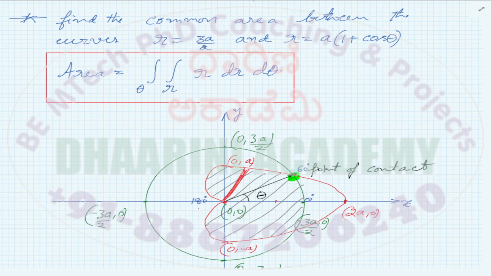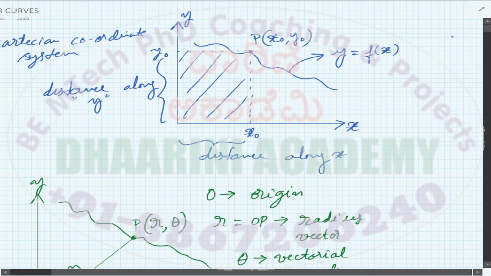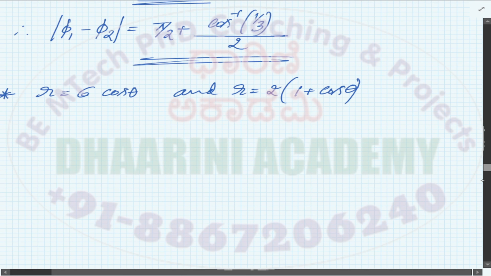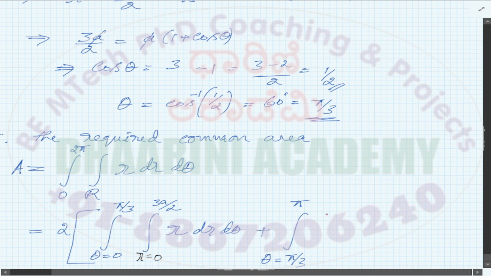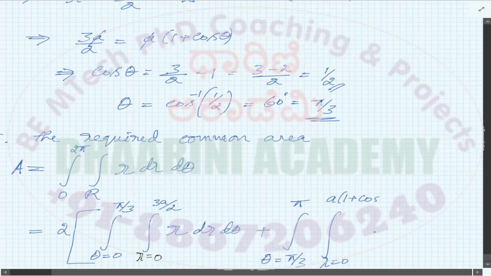So my maximum value of R will simply be a into 1 plus cos theta. That's all. Are you okay? So let's apply that. So R varies from 0 to a into 1 plus cos theta. Once again, R dr d theta.